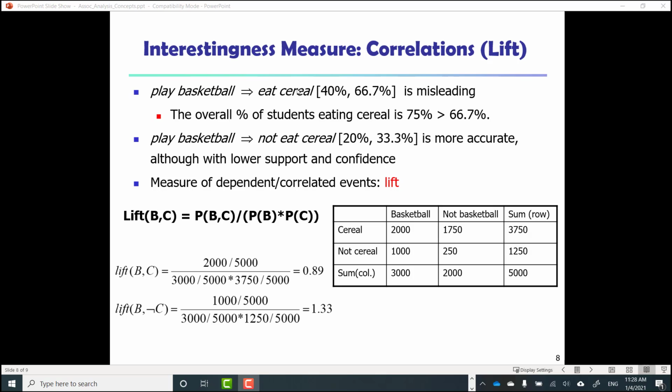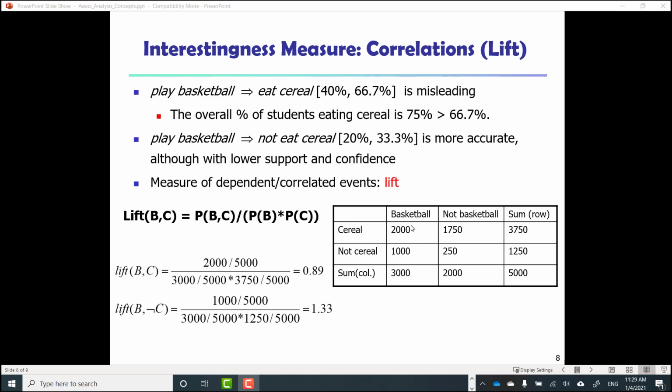All right. So we want to calculate the confidence for play basketball and then eat cereal. The support is 2,000 over here, and the relative support is 2,000 divided by 5,000. So that's 40%.